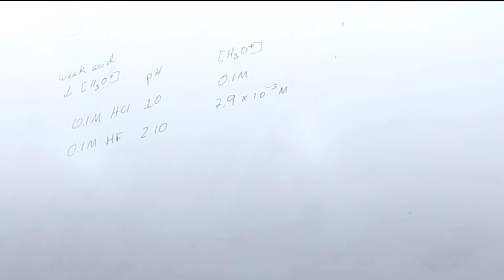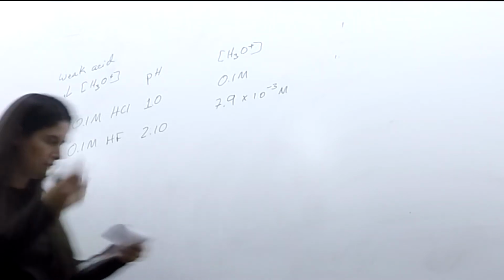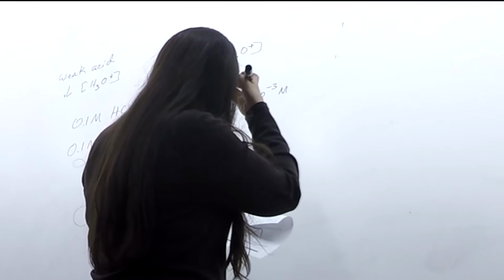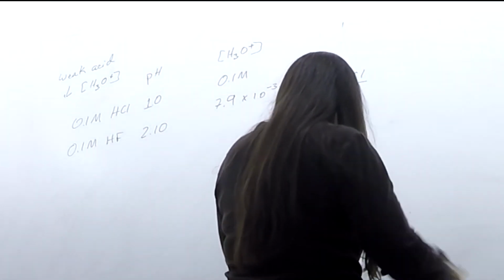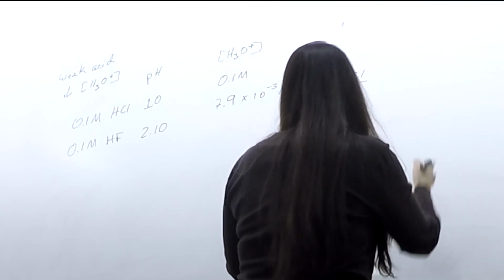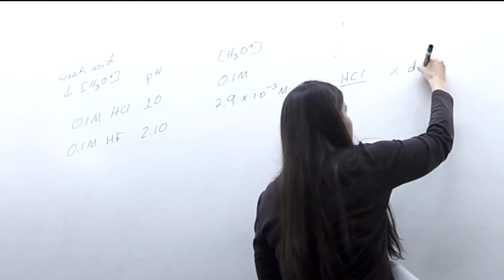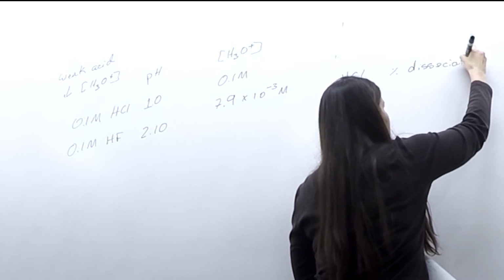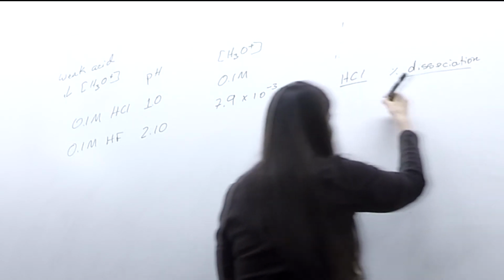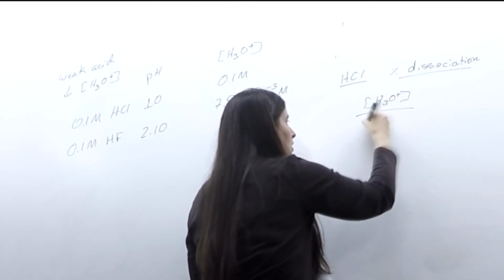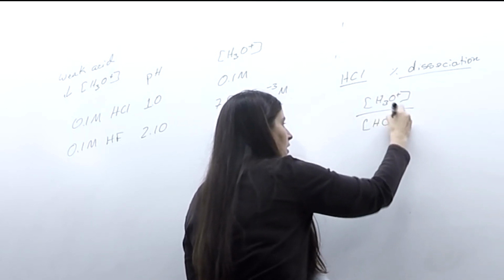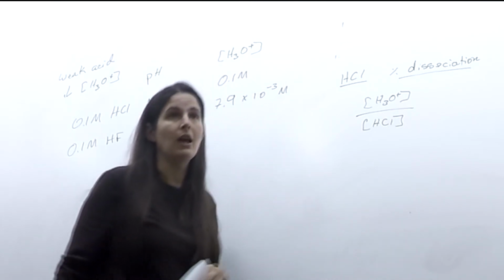Now, by knowing these values, we can actually determine how much of that ionic compound dissociated. In the HCl, to find the percent dissociation, we want to compare the concentration of the H3O that was produced to the original concentration of the solution of HCl.